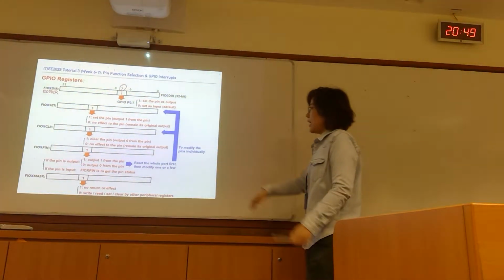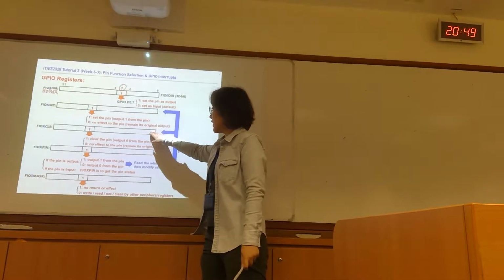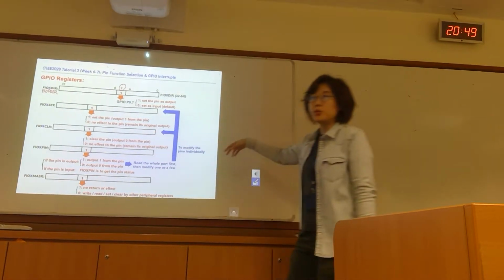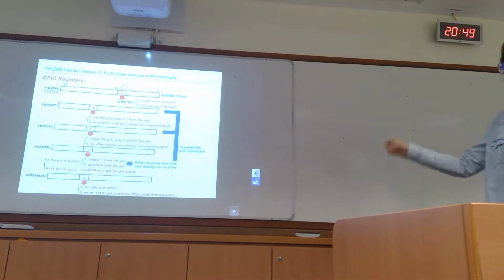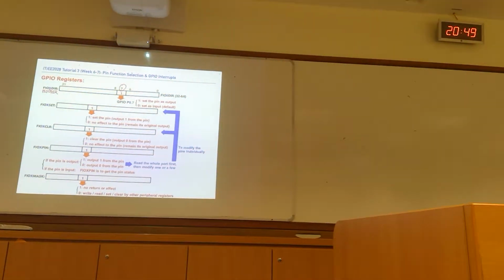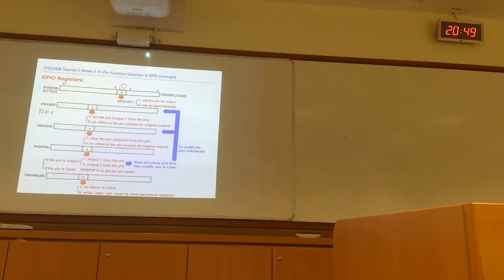Okay? And FIO set and FIO clear allows you to control an output pin to output either 1 or 0. Right? So if you want your pin, let's say P2.10, okay, let's say this one is an output.